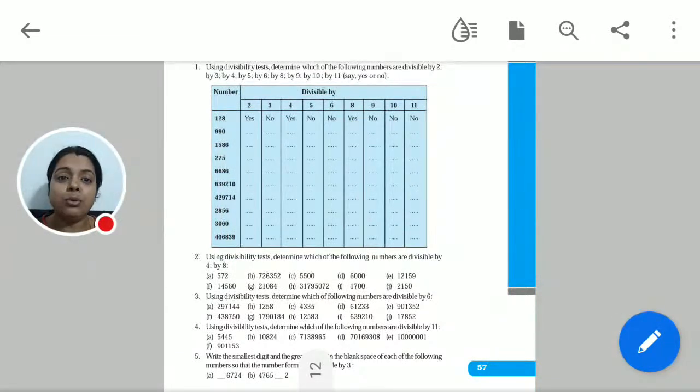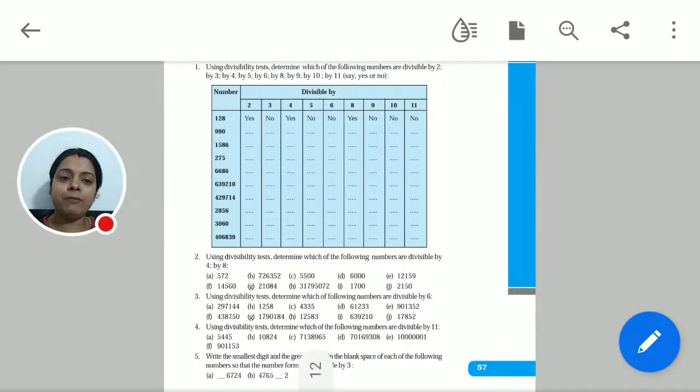In that case, how to do it? What to write? As you go for question number 3 now, or for question number 2 also, what happens in this case? You have to mention the rule first.